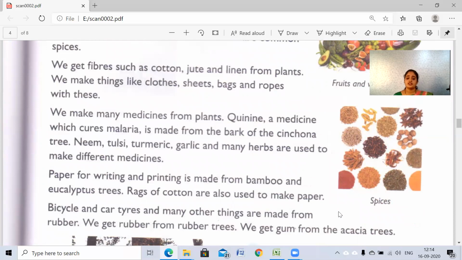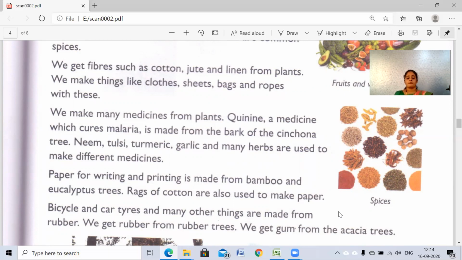Along with that, what other things do we get from plants? We get some fibers which are used to make clothes, isn't it? Examples are cotton, jute, and coir, which are plant fibers used to make clothes.